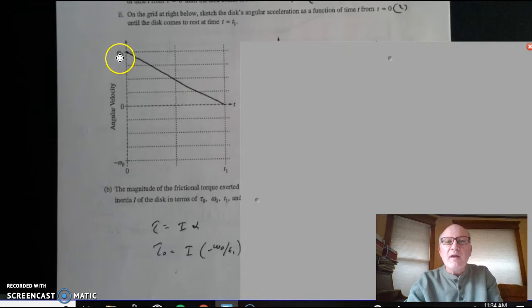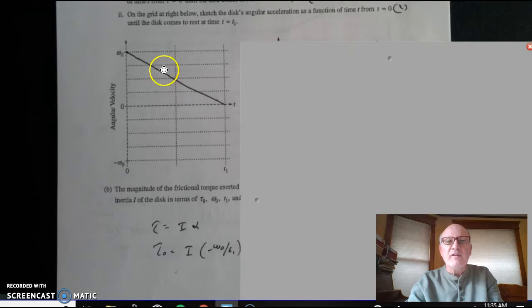Here's omega 0 and here's 0, and this is a time t1, so you could draw a linear function that just connects omega 0 down to 0 at time t1. Why this shape? Well, if it's a constant torque, there must be a constant acceleration on the disk, and that means that the angular velocity must be linear.